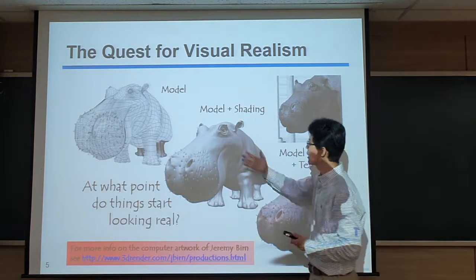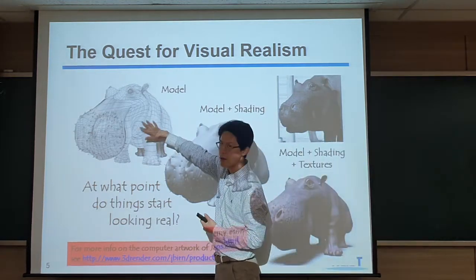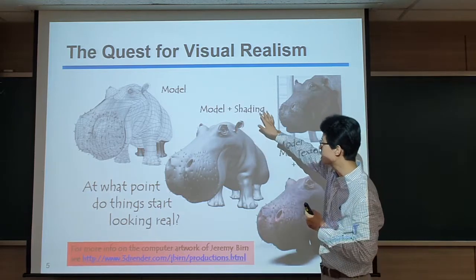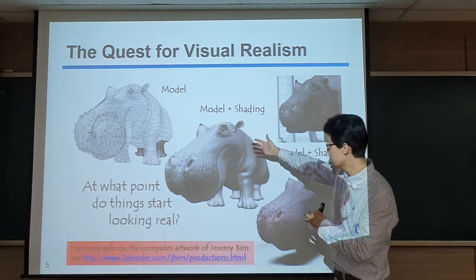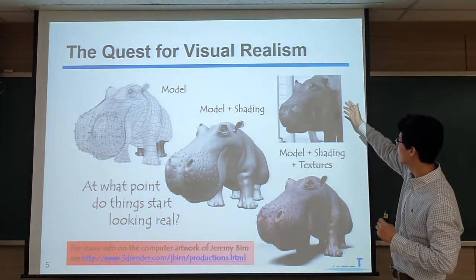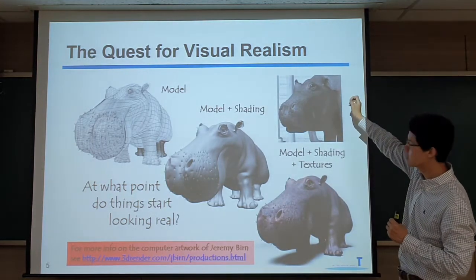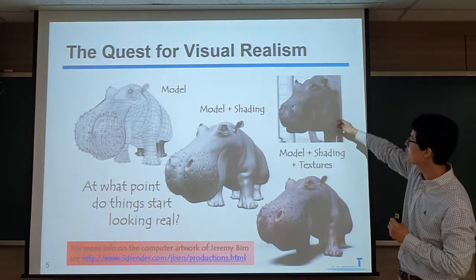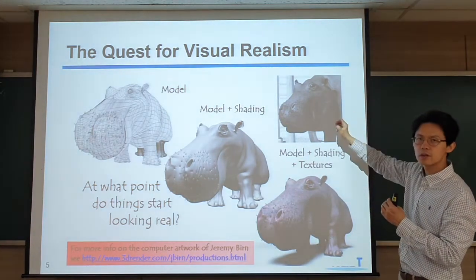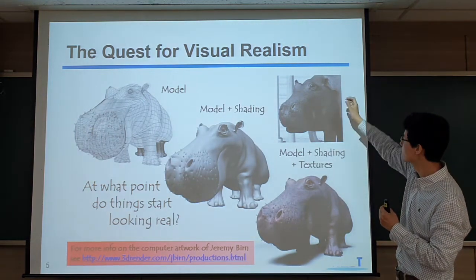Initially we start with some sort of triangle, right? And then so far we talked about the illumination model and shading model so that we can consider light. Now we can capture a photo of the hippo, and we can also draw a realistic look of this animal.